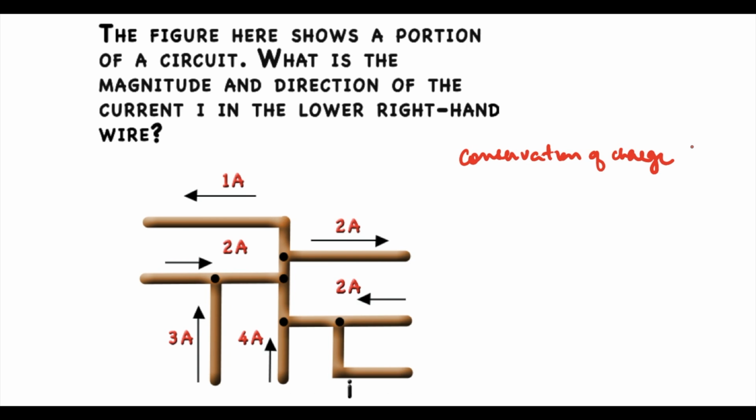It's already there. And how this applies in this particular problem is that the amount of charge reaching any of the junctions, identified as these black spots, would be equal to the amount of charge going out of a given junction.